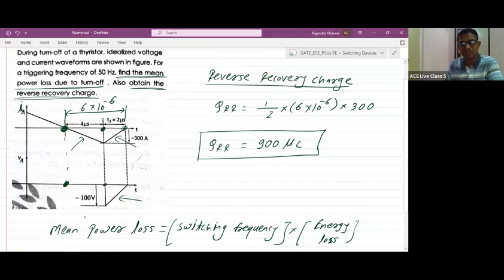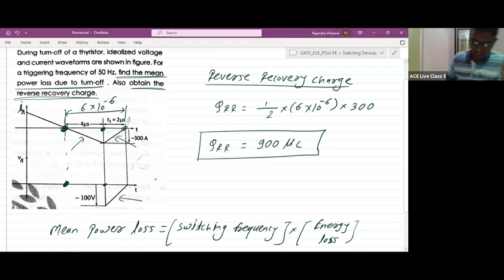That power loss will be zero only, because the current is non-zero but the voltage is zero. So ultimately we need to find the power loss only for these 2 microsecond, because during these 2 microsecond the product of voltage and current is non-zero. Are you getting the point? Is this clear to all?